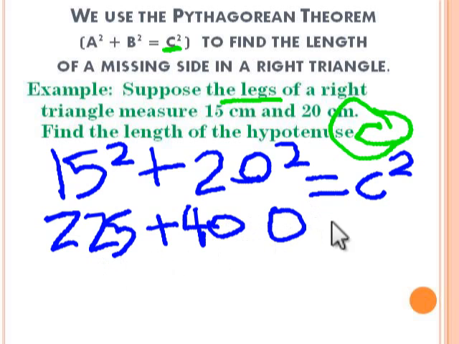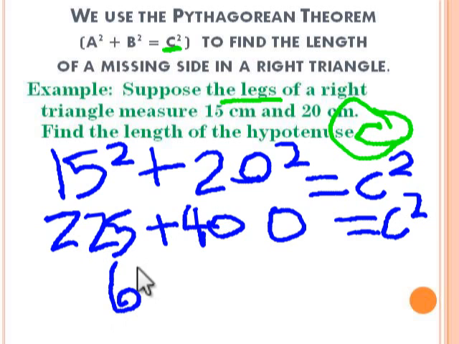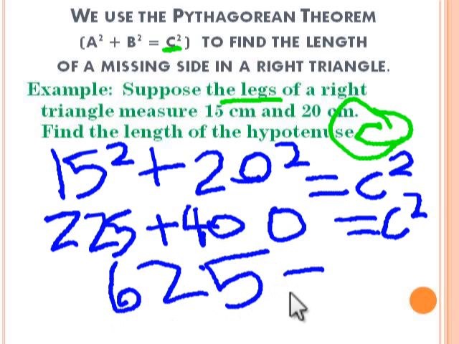And whatever that is supposed to equal c squared, the square of the hypotenuse. Okay, so we're getting closer to being able to find the answer, but we're not there yet, because now we can do 225 plus 400, which is 625.